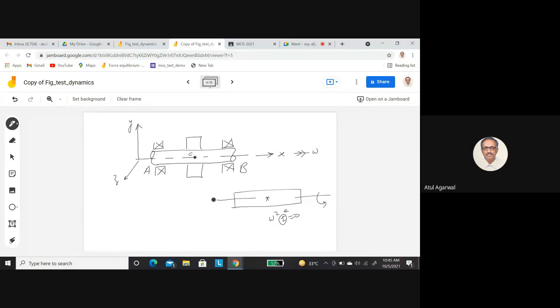It is a balanced disk. So the acceleration of the centroid is 0. So there is no force required for this disk to spin. It will keep spinning.